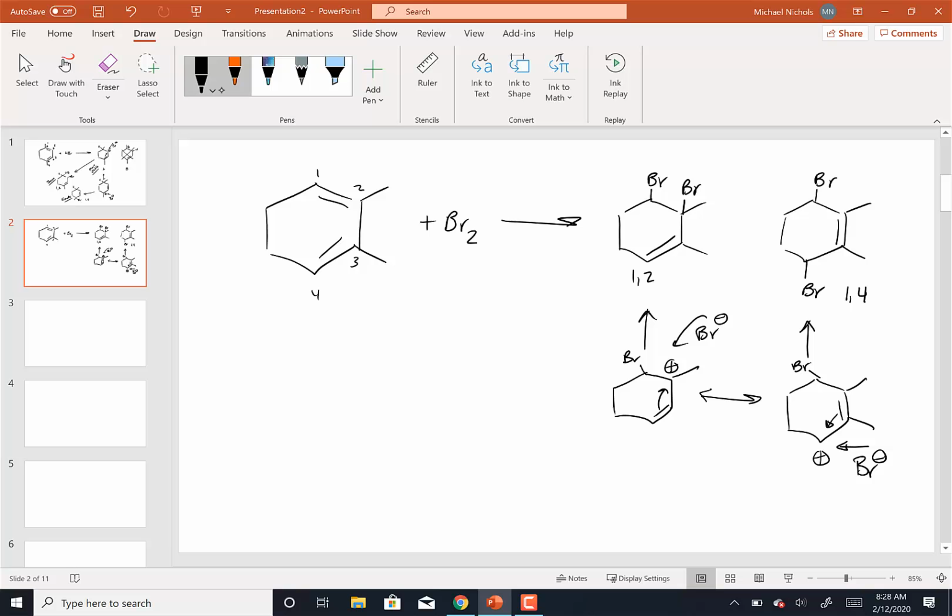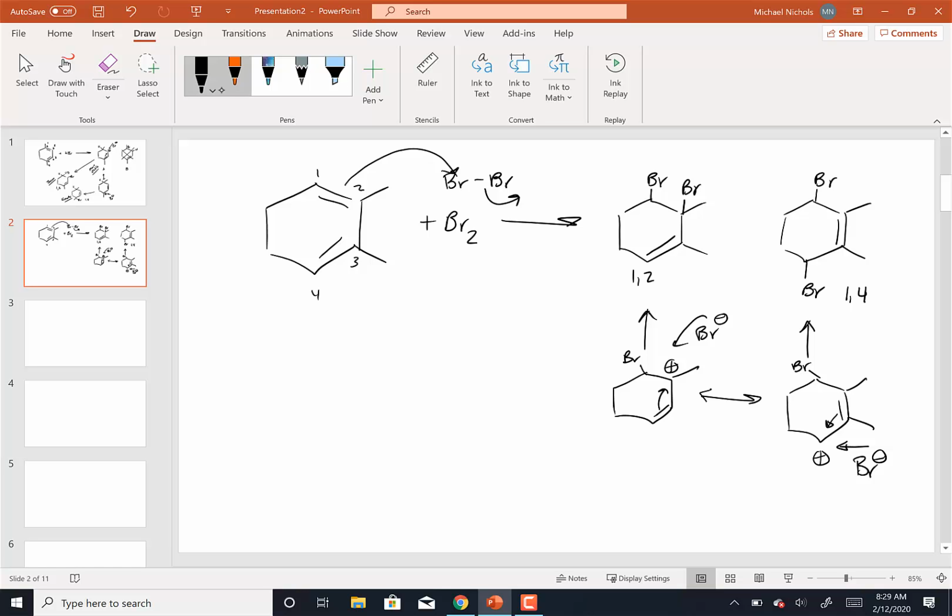Resonance hybrid would finish this problem out. Well, actually what would finish this problem out is that. Showing the double bond actually adding to the Br. And that's the way we showed the arrow movement for adding Br2 to the double bond.